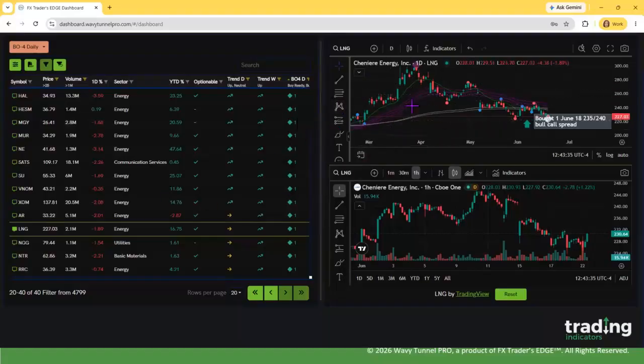LNG, we had a bull call spread on this one. Let me just get rid of this. And we got out of it, of course. Okay. And now this is a good example where this gray diamond was over here and then it just repainted. Okay, here we are.